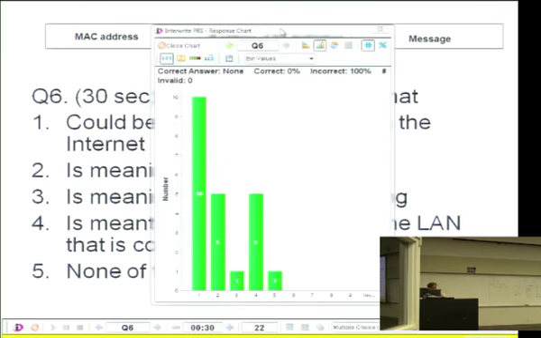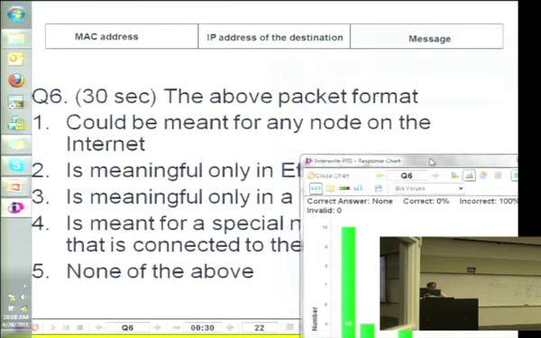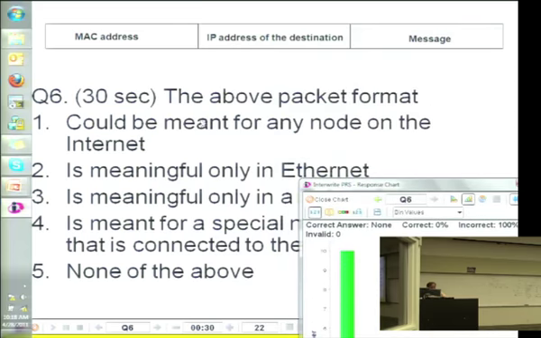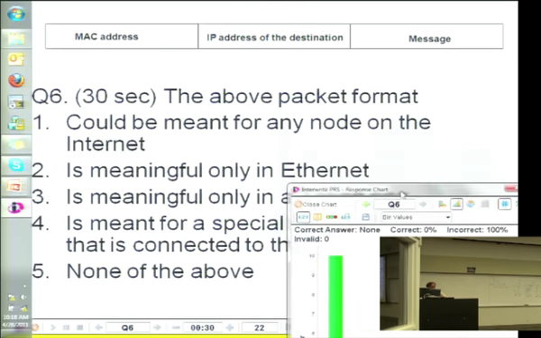Well, so the answer here: many of you have chosen that it could be meant for any node on the internet. If you look at the packet format, if it is just the IP address and the message, then it could be meant for any node on the internet.